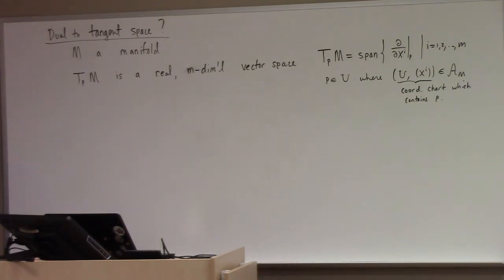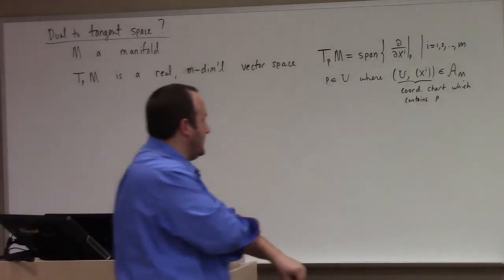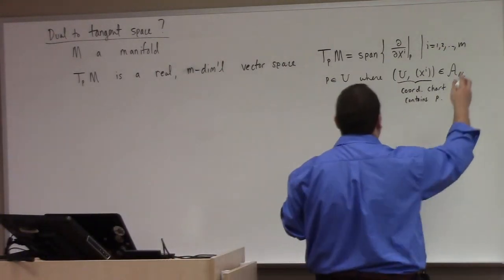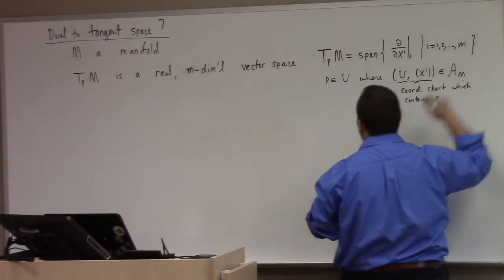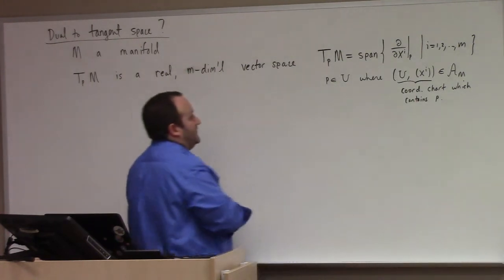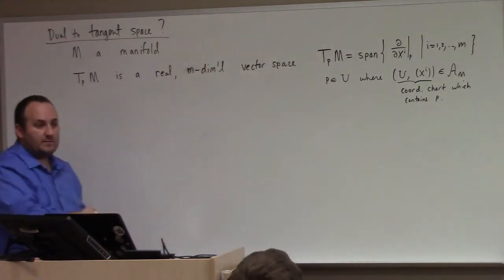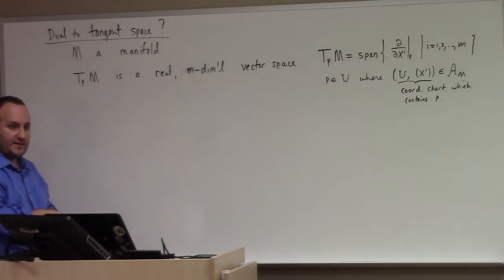These form the basis for the tangent space there. We can build those either from the parametric or from the implicit viewpoint. McNerney describes how to do that explicitly for his geometric sets in chapter 3. But anyway, that's a real m-dimensional vector space.